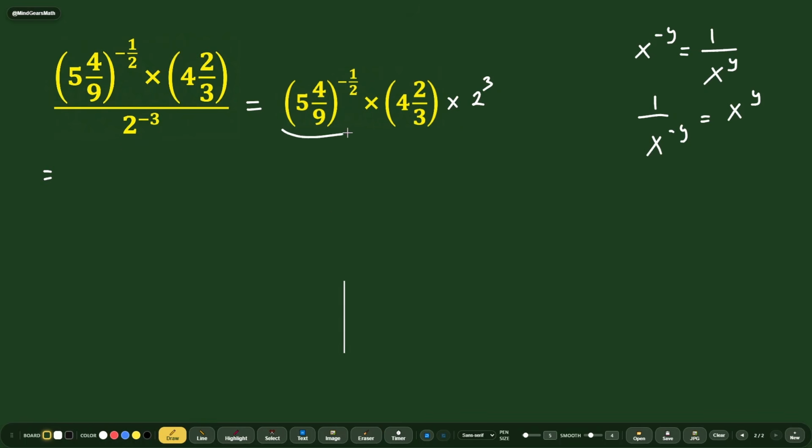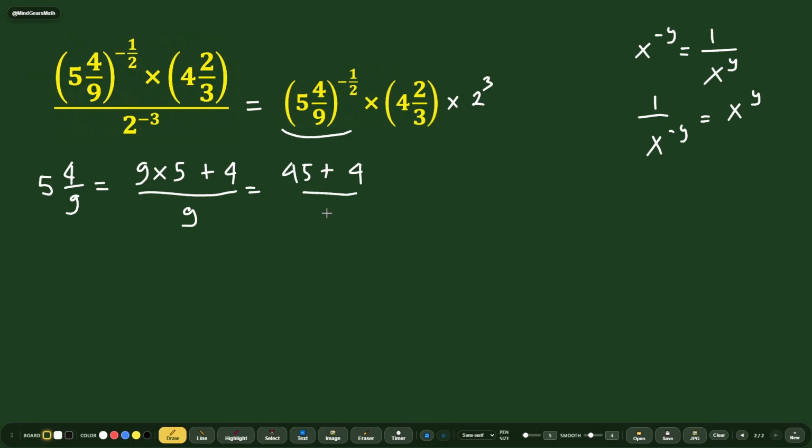And now let's simplify this equation first so it's easier to solve. 5 4 over 9 is equal to 9 times 5 plus 4 over 9. 9 times 5, 45 plus 4 over 9.